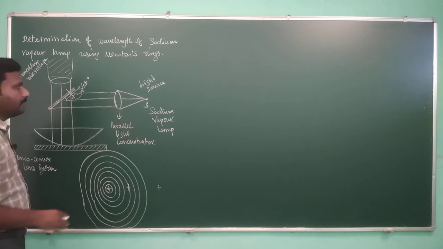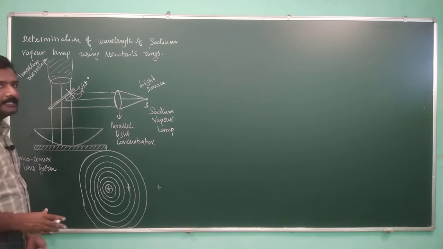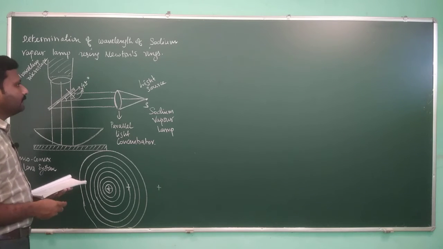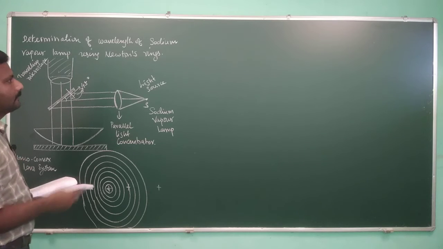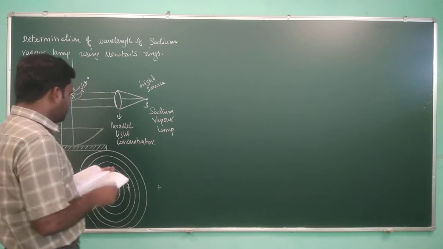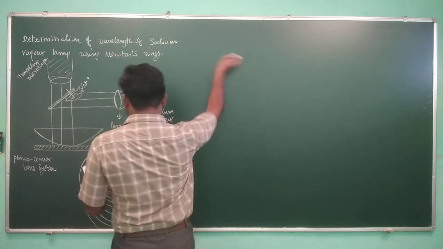From these readings we can calculate the diameters, and from the diameters we can obtain the wavelength. That we will explain just after drawing this reading table, okay?